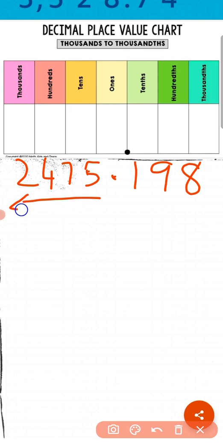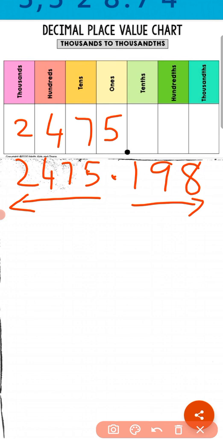First check the places on the left side of the decimal point. 5 in ones place, 7 in tens place, 4 in hundreds place and 2 in thousands place. Now check the digits on the right side. 1 in tenths place, 9 in hundredths place and 8 in thousandths place.